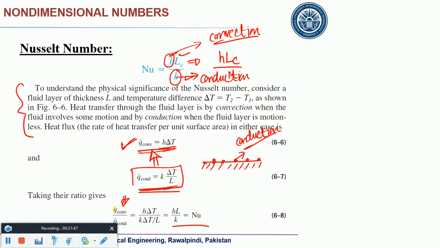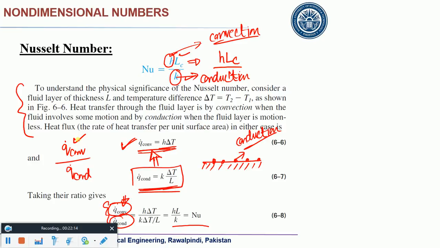So what is this thing physically? It describes the heat transfer rate or heat flux when you have some motion in the fluid relative to when you have no motion of the fluid. I repeat, this is a ratio of Q dot convection and Q dot conduction.